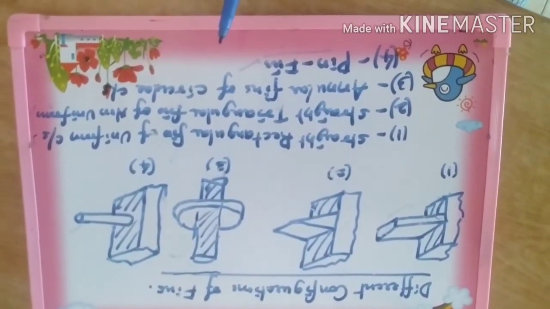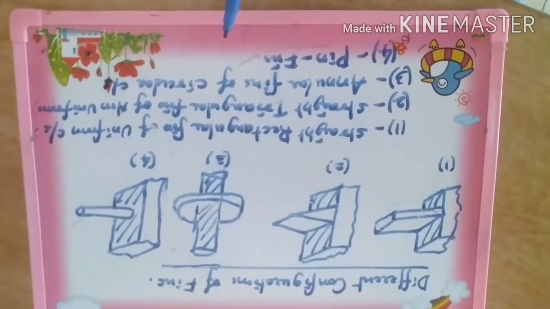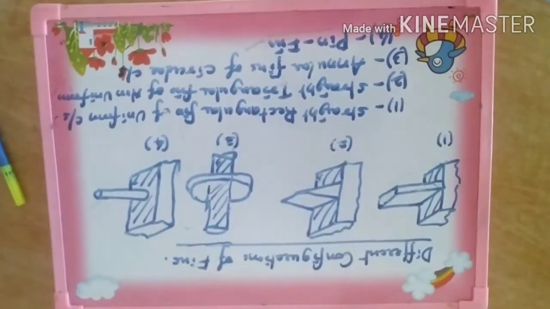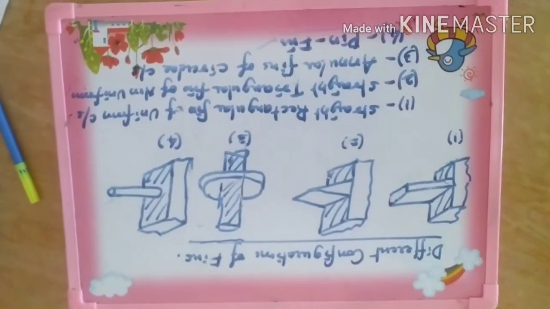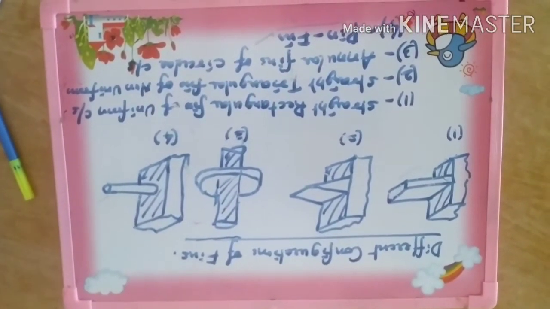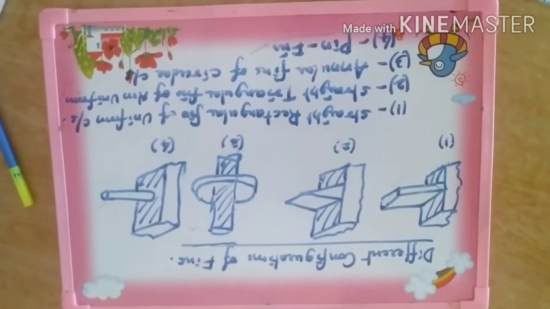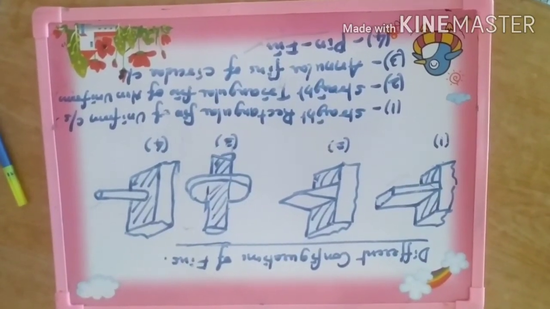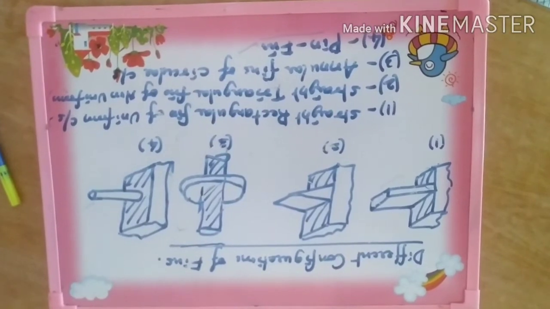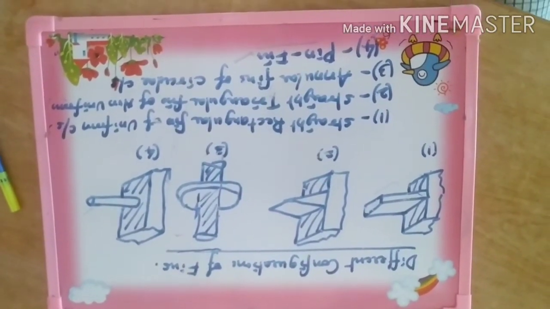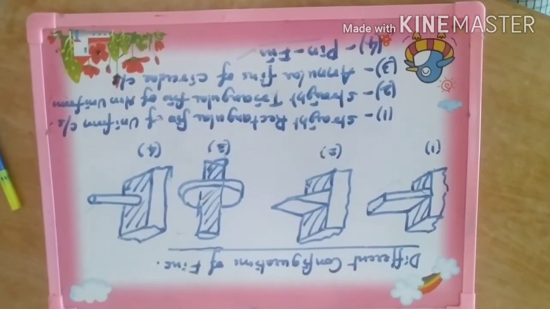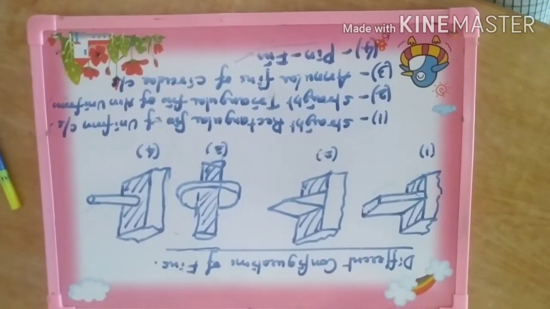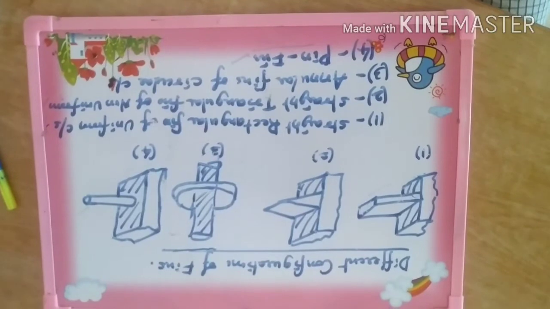In my next session I'll be discussing the analysis of the first configuration, that is the rectangular fin, where we will try to understand the rate of heat transfer through a rectangular fin, as well as the temperature distribution through a given rectangular fin.